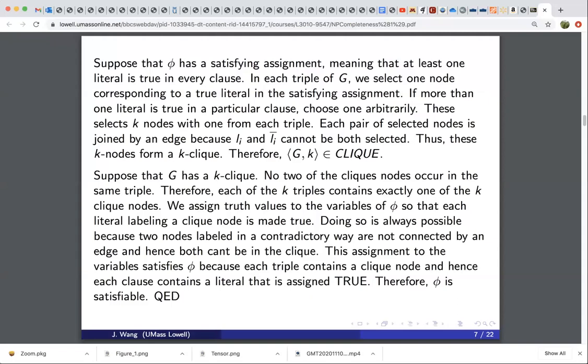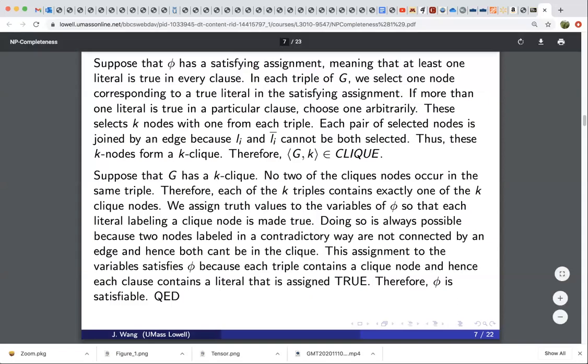So we assign true values to the variables of phi so that each literal labeling a clique node is made true. Doing so, we can make each clause satisfiable, and thus make the Boolean formula satisfiable. So this is the proof.